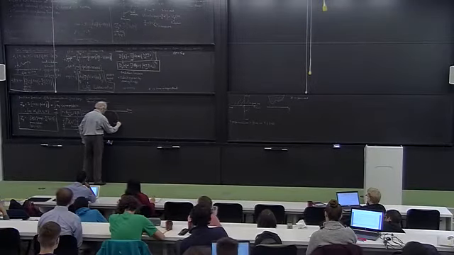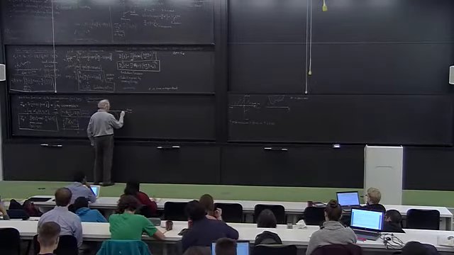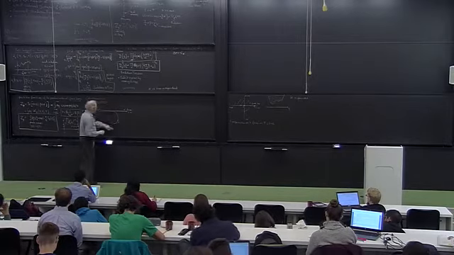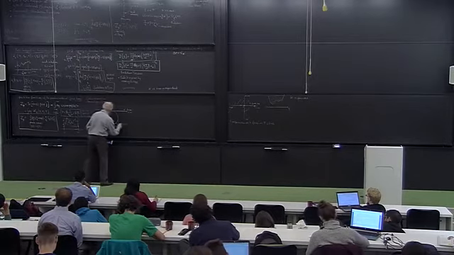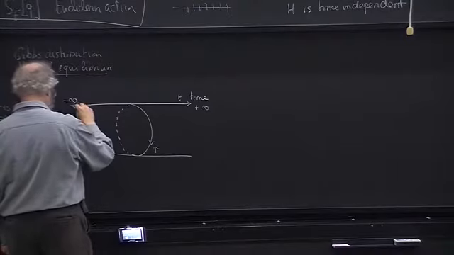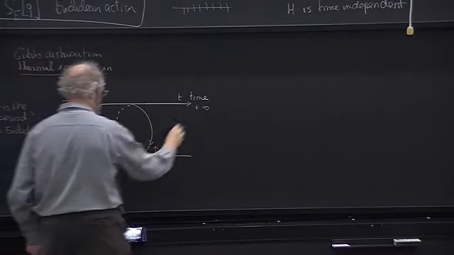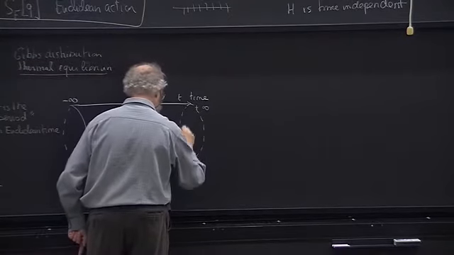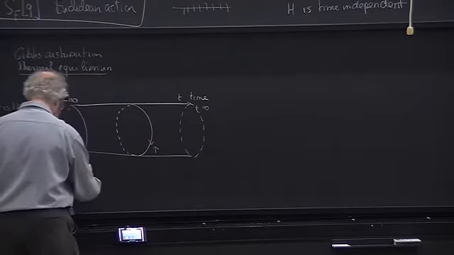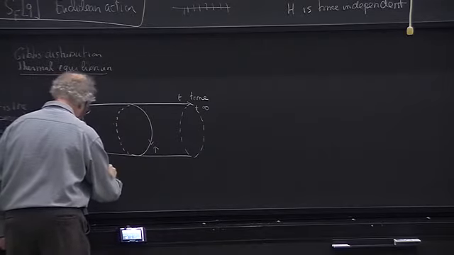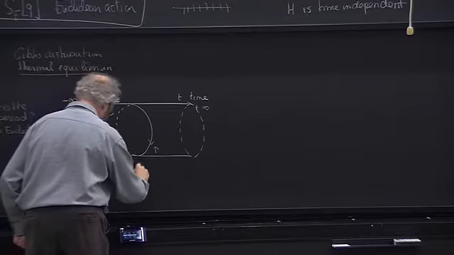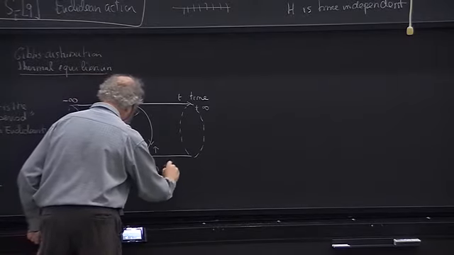This is tau. This is real time. This is imaginary time, and you must think of complex time as an infinite cylinder.